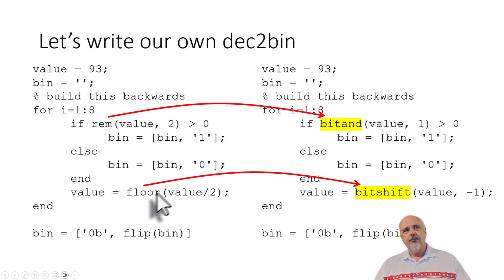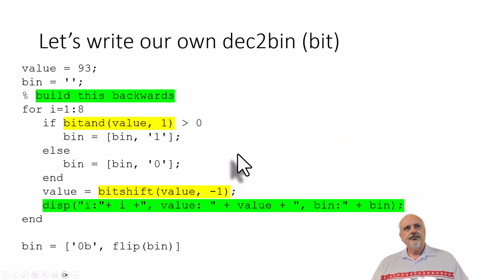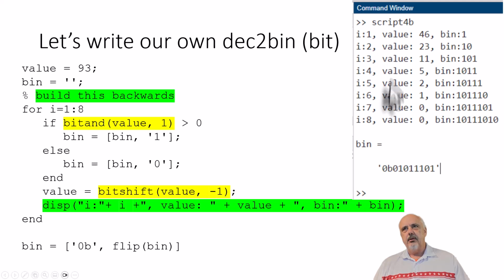And the floor of a value divided by 2 is the same as doing a bit shift of my value 1 spot to the right. Okay, so we're going to do a deep dive here and see what this does. It's really exactly the same output that we had before, calling the script for B.